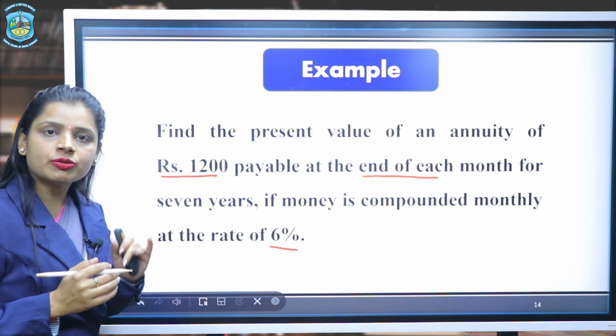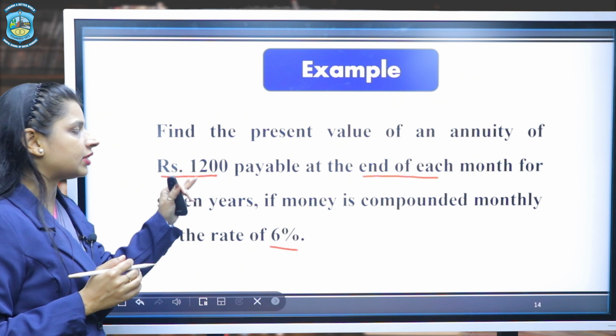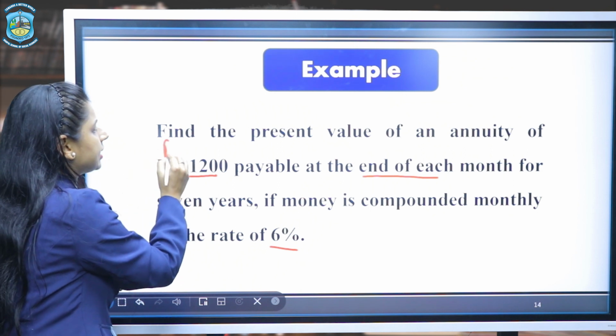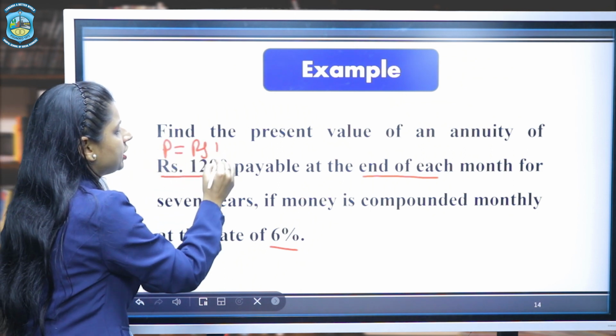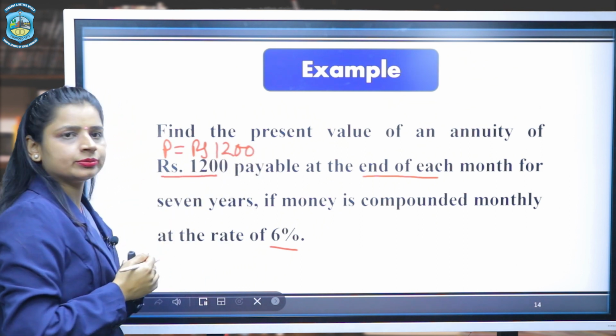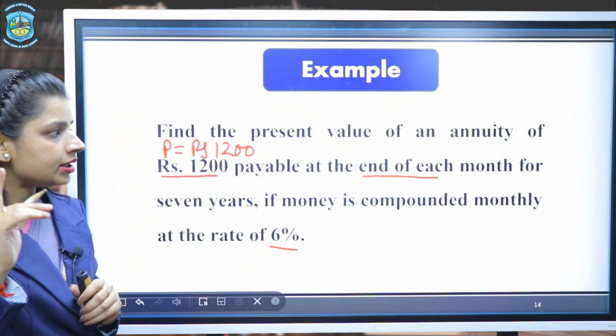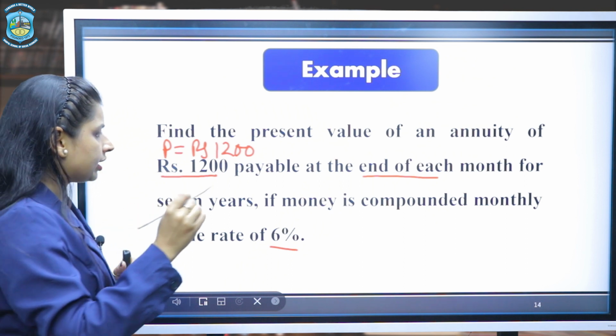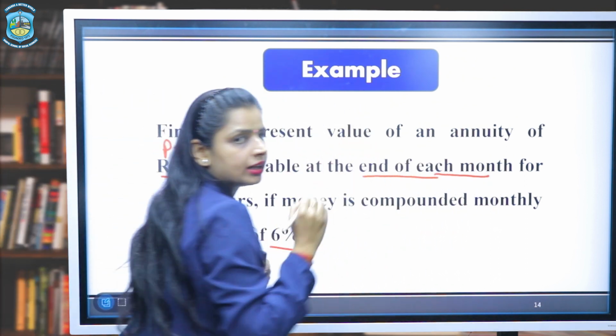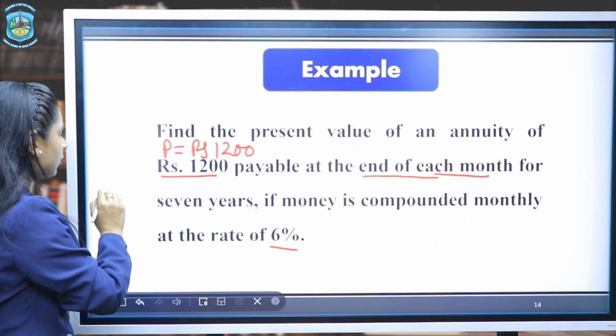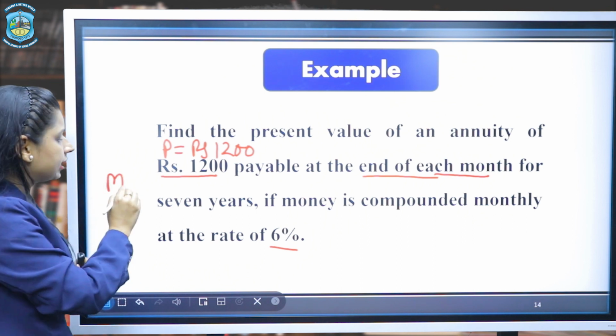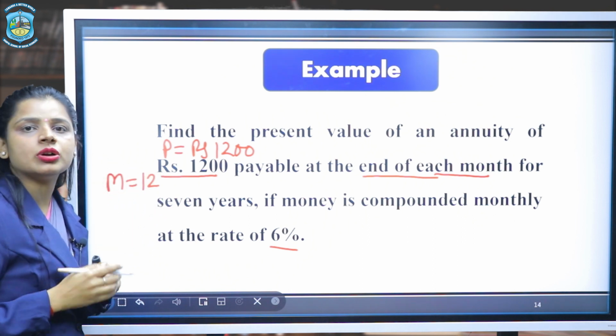The value of each installment is 1,200, that is P equal to rupees 1200. The person is paying an installment each month, so the number of installments in a year is 12, that is M equal to 12.